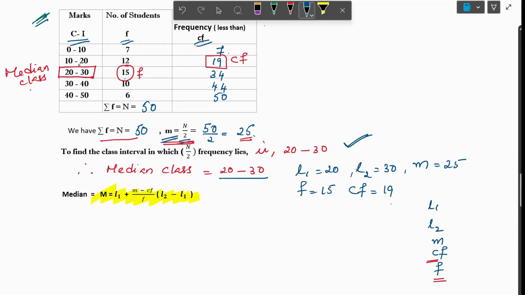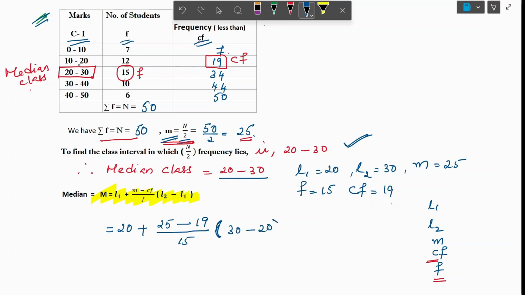Now, the formula we are going to substitute like your mode. What is L1? 20 plus. What is small m? 25 minus CF. What is CF? CF is equal to 19, divided by F, that is 15, into bracket L2 that is 30 minus 20.